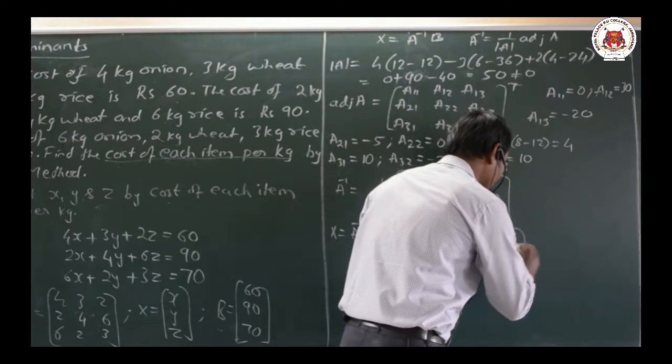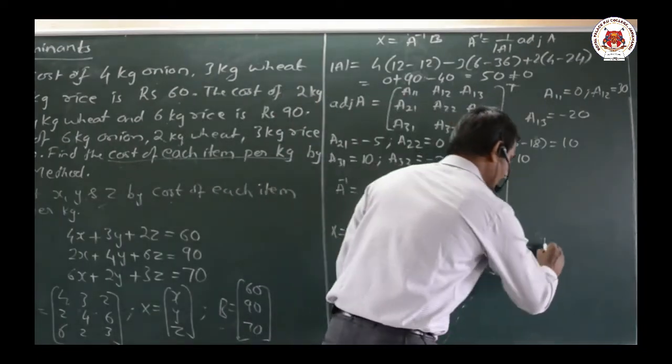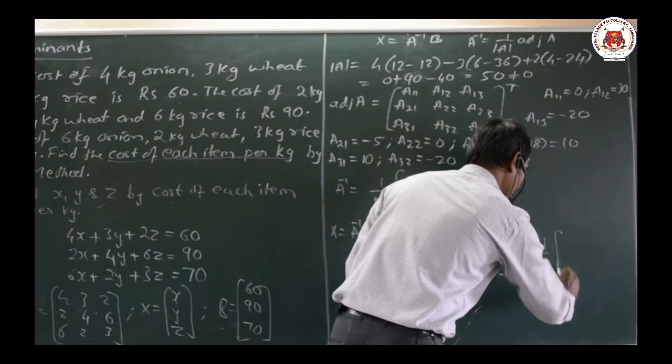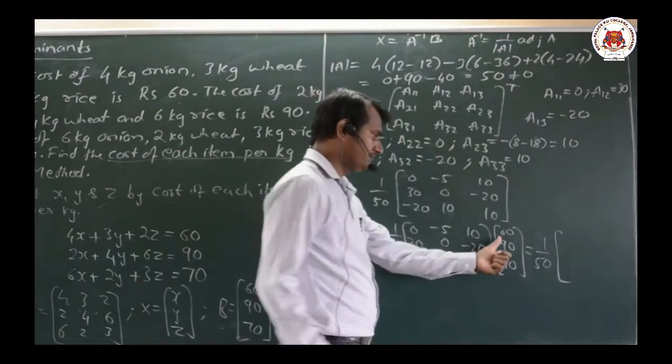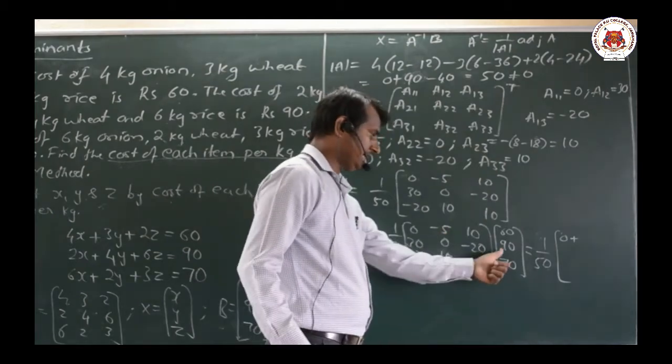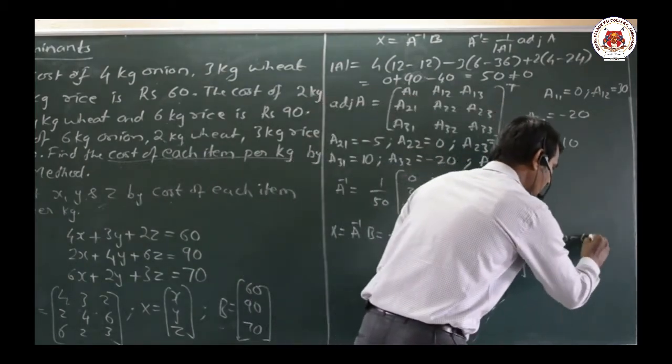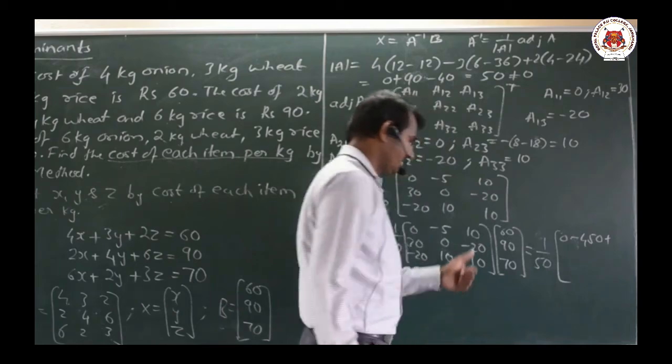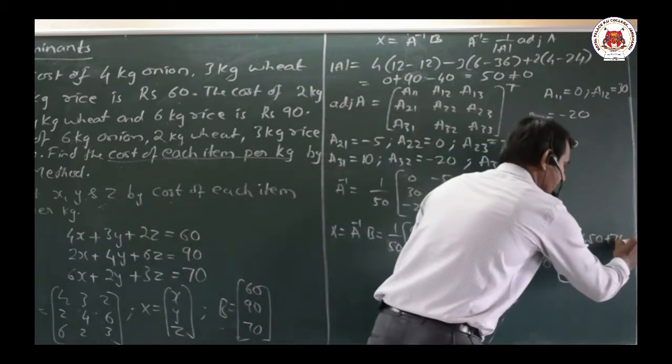Now we will multiply these two matrices, 1 divided by 50 into the following. 0 into 60 is 0, plus minus 5 into 90 is minus 450, then plus 10 into 70 is 700.